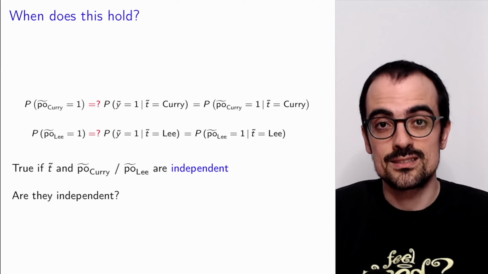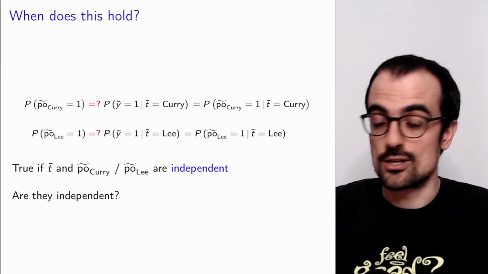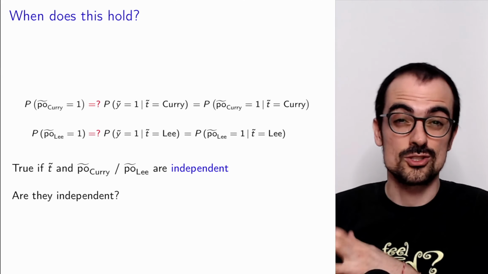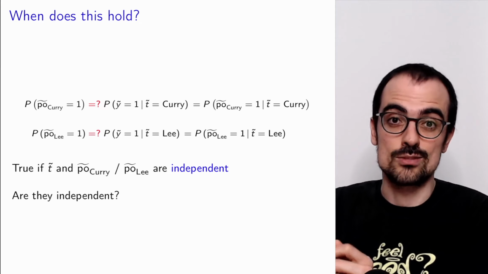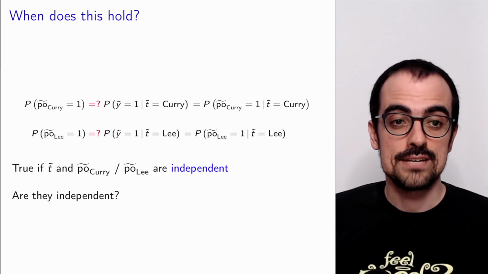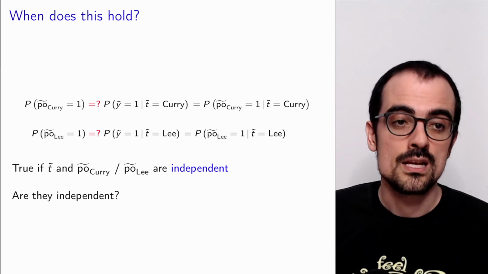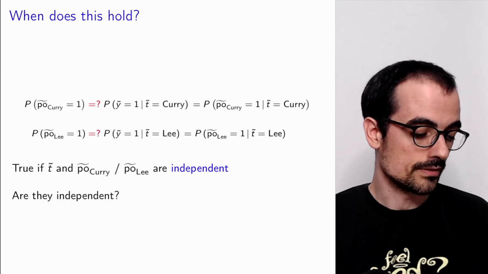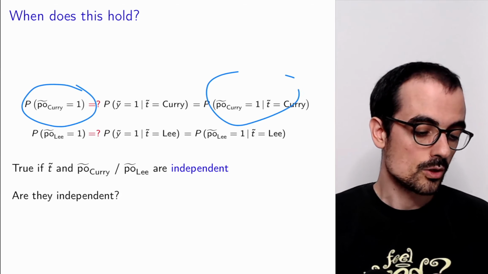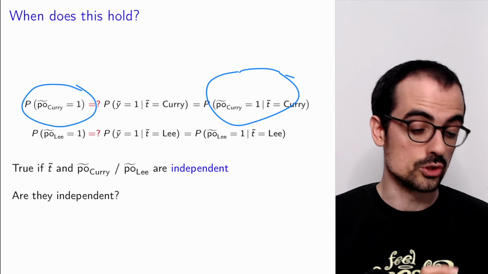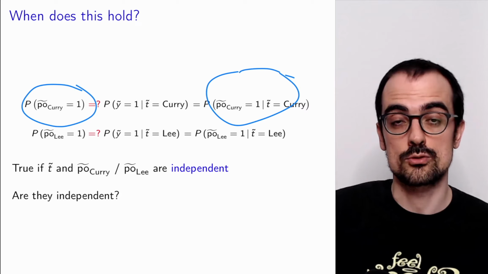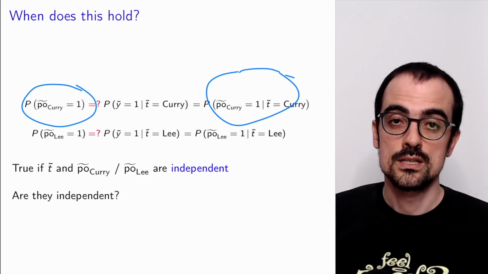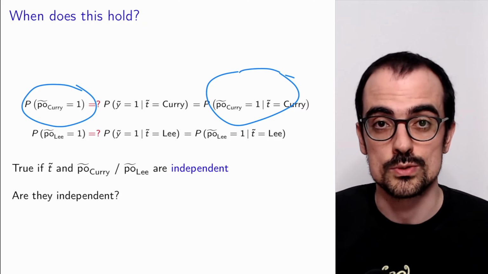As a result, it's not that Curry is going to shoot more difficult shots or easier shots. They're essentially the same because they're being assigned randomly to both players. If that happens, then we have independence and we can say that we know the probabilities of the potential outcomes. This is what happens in randomized controlled trials, for example, when they tried out the COVID-19 vaccine, so then we can trust those results.